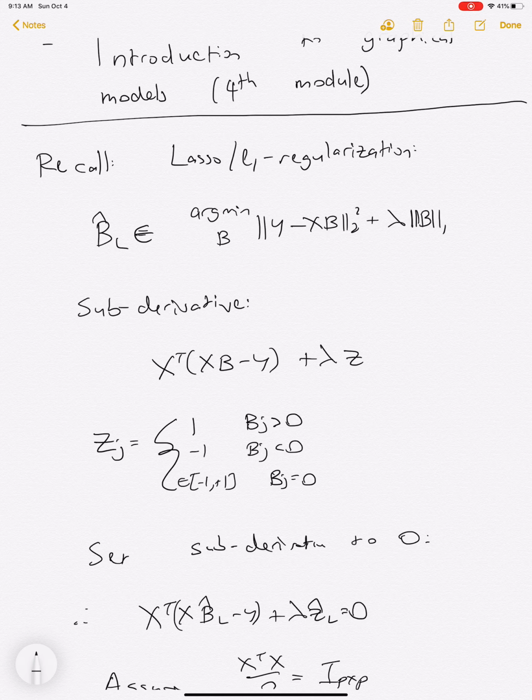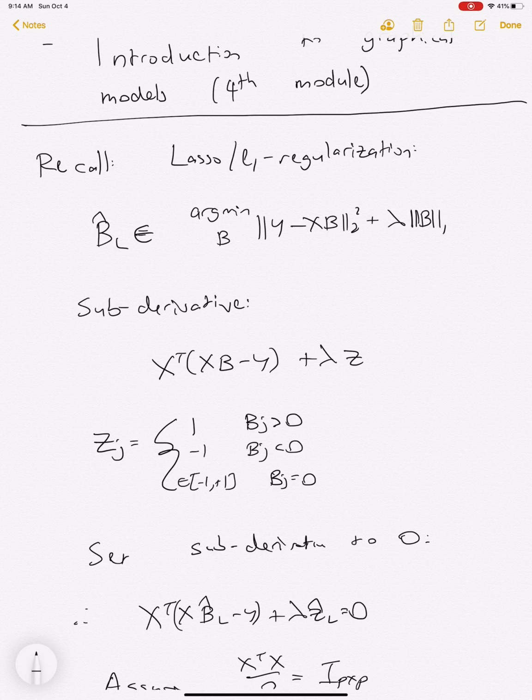And then we introduced this notion of subderivatives in the previous lectures, which I spent a bit of time covering in lecture 13. The subderivative of this is the usual term that we see, X transpose (Xb minus y), but then we have this plus lambda z. And the z is the subderivative of the L1 norm. So that's going to be plus or minus 1 when b is either bigger than 0 or less than 0.